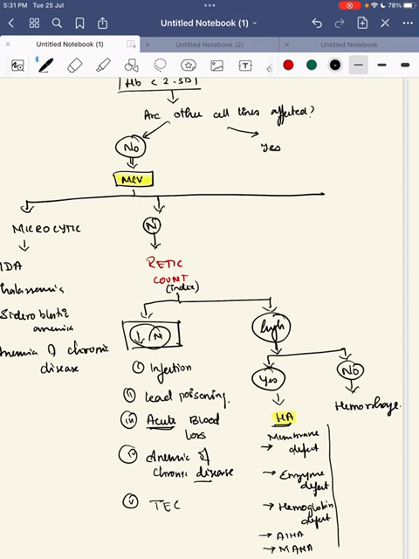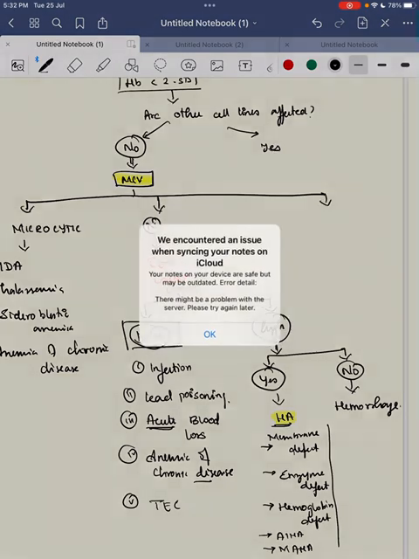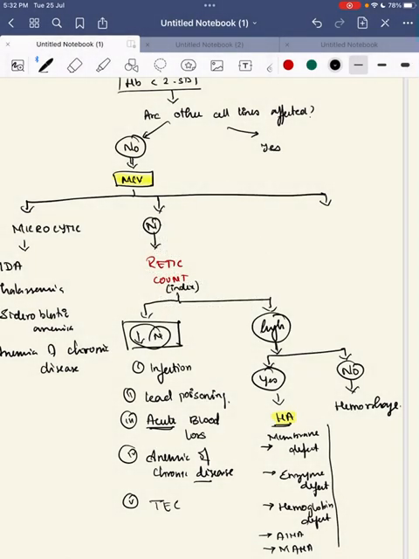Next, when the MCV is high, that is macrocytic, what are the causes? The causes can be vitamin B12 deficiency or folate deficiency.